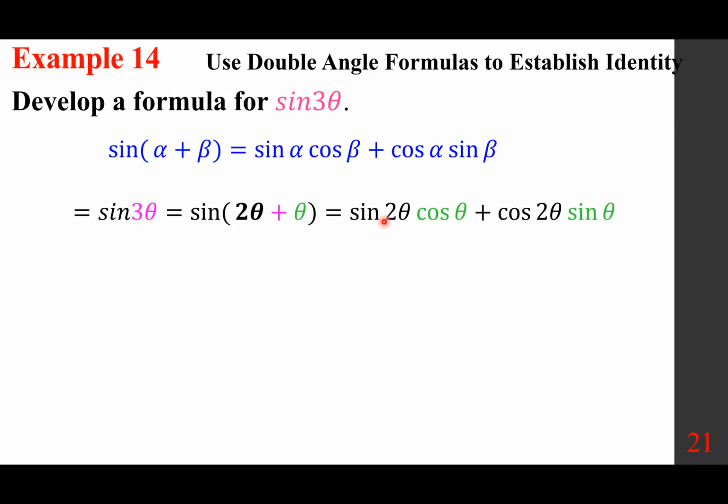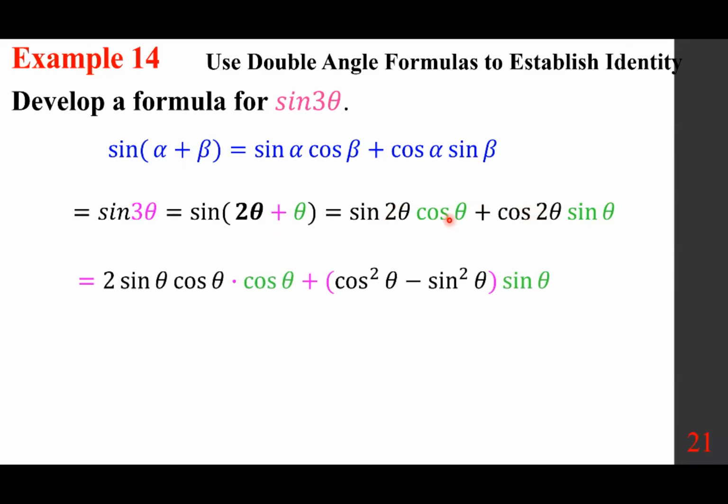Sine of 2 theta, we know it to be 2 sine theta cosine theta. Cosine of 2 theta, there are different ways of writing it. For example, cosine squared minus sine squared. So we keep this one, we keep this one, we change the sine to theta, okay?